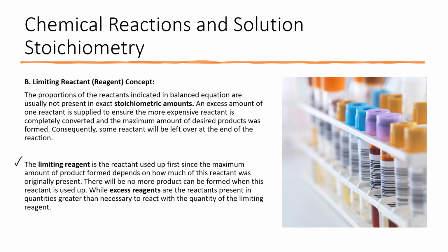Okay, so isa-isahin natin, di ba? So ito daw yung reactant na nauubos agad, or siya yung pinakaunang nauubos. Okay? Dahil dun siya yung magdidikta kung ilan yung maximum na pwedeng mag-produce sa product.